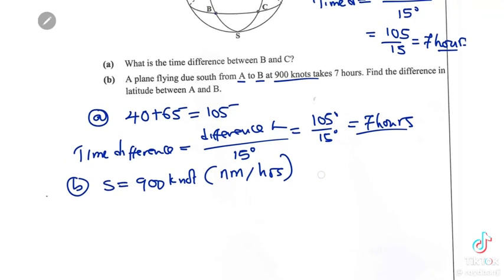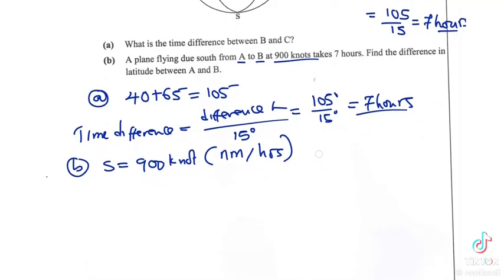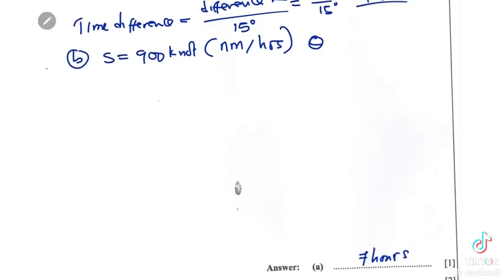Find the difference in latitude between A and B. So in other words, for the difference in latitude, we are finding theta. So what do you do? First, we are going to find the distance. Speed is equal to distance over time.